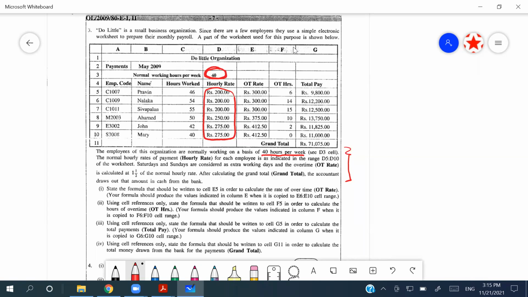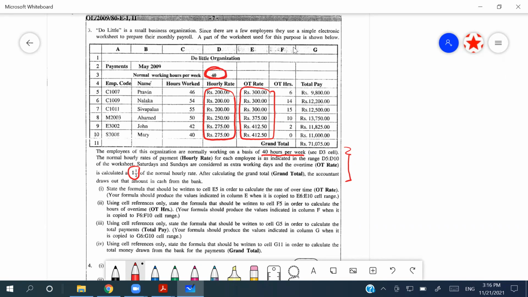After calculating the grand total, the accountant draws out the amount in cash from the bank. So they have given you the OT rate over here. How was this calculated? The normal hourly rate is multiplied by 1.5, and then it is calculated over here.